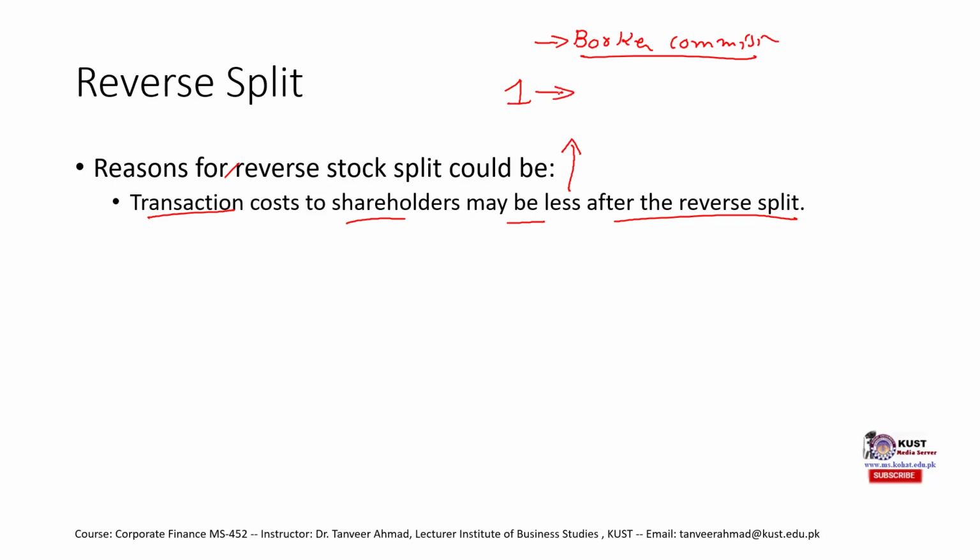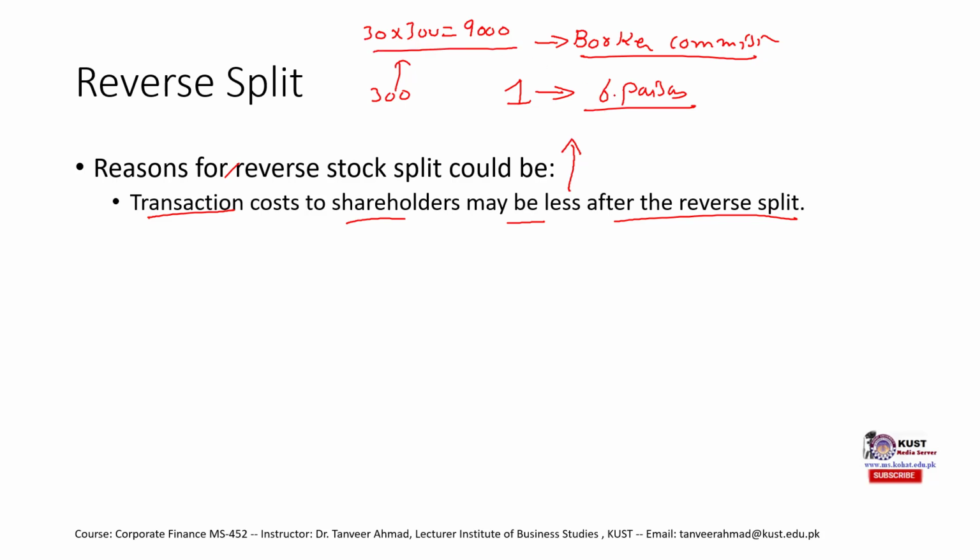So let's just say one share would cost, say, 6 paisas in commission to purchase, right? And previously if we wanted to purchase 300 shares, and its price was 30, then that would mean it would cost us 9,000 rupees. Okay, this would be our investment.